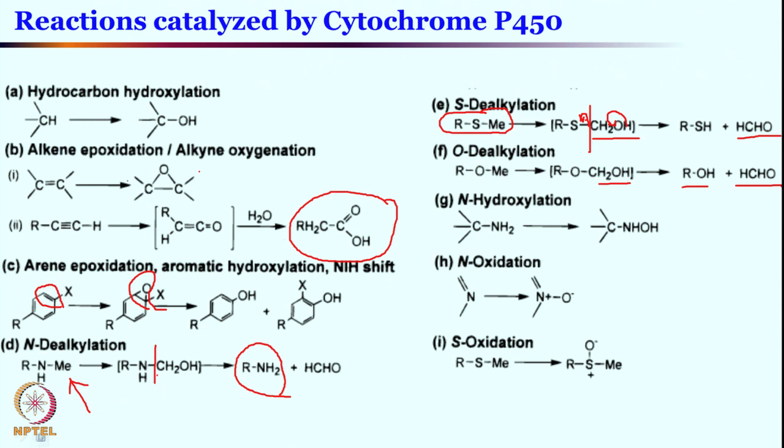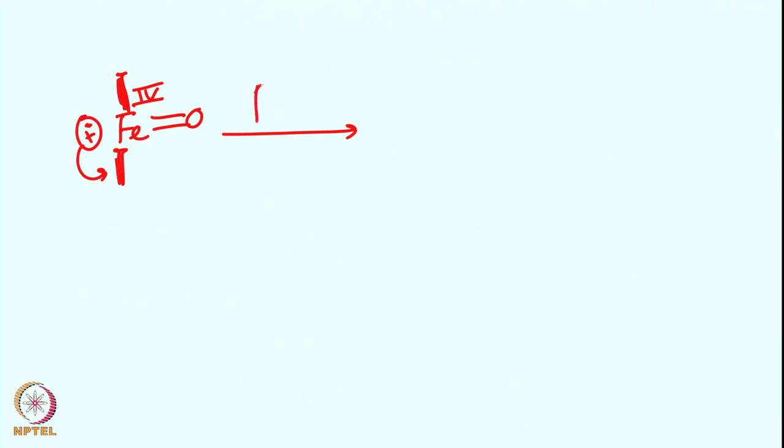Let me discuss one more time here in brief. If you have this high valent iron oxo intermediate, it could be iron 4 oxo and then a radical cation, whatever way you are ready to write, on the porphyrin unit, and you can take an RH. This RH can undergo the reaction with it.